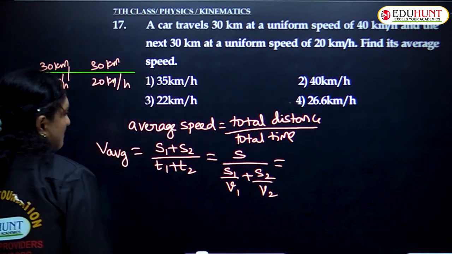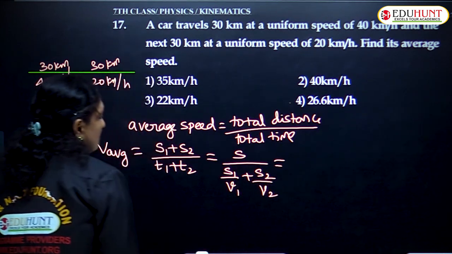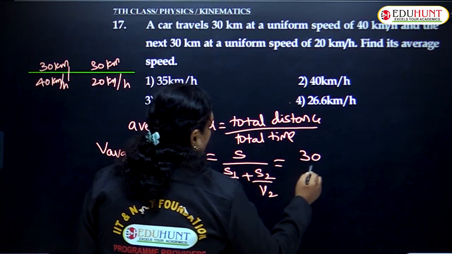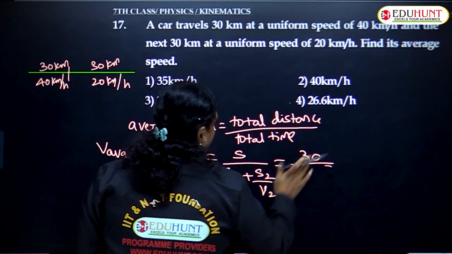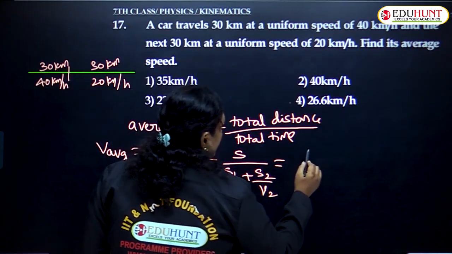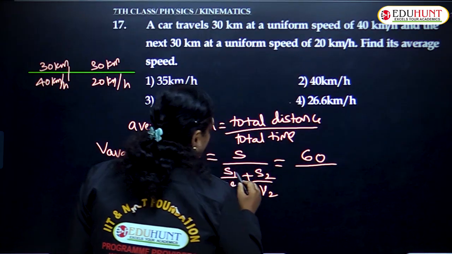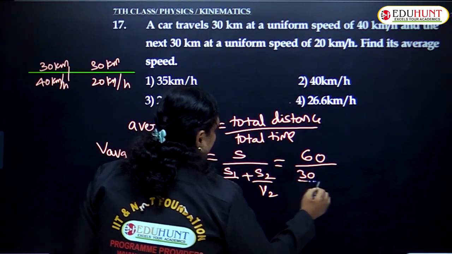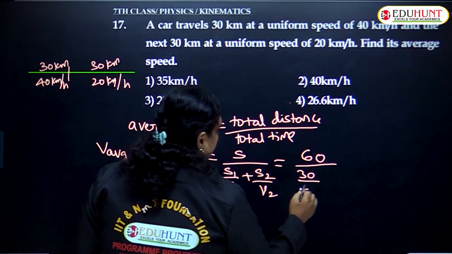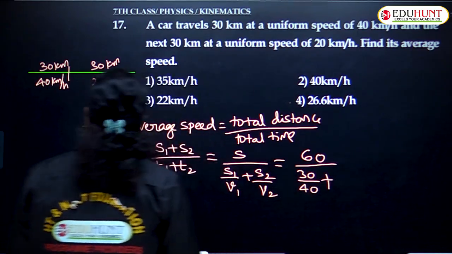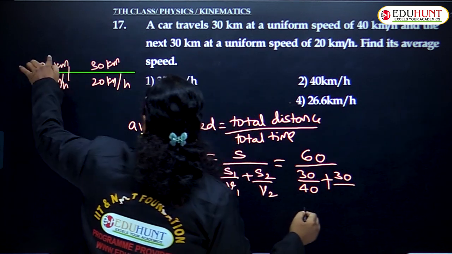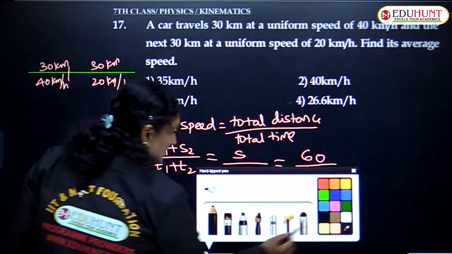Now substituting the values, the total distance was found to be how much, children? Total distance 30 and here 30. What is the total value? 60 upon S1, which is 30 upon V1, which is 40, plus again here we have 30 upon S2.